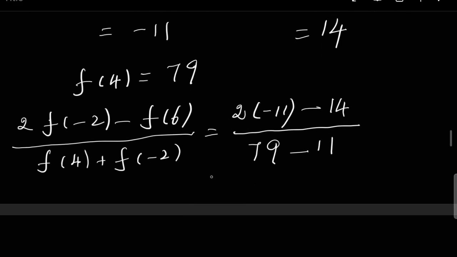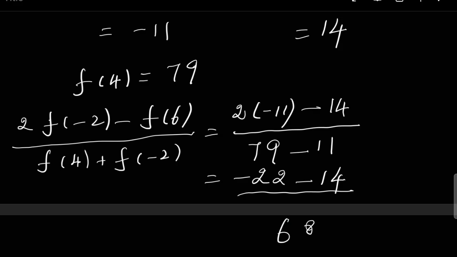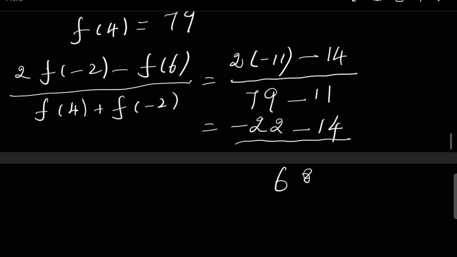So 2 11s are 22. It is minus 22 minus 14, divided by 79 minus 11, that is 68. So what you will get here? Both are the same sign, you add: minus 36 divided by 68.